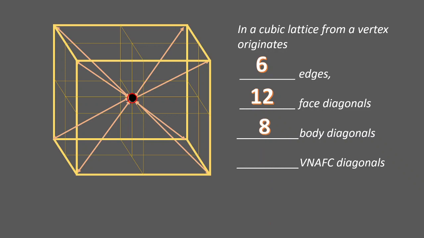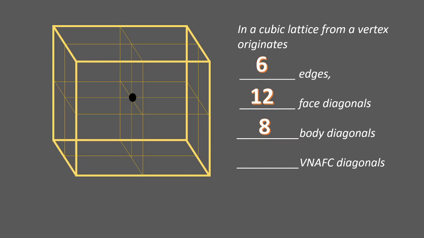Okay, now the interesting part, how many VFC diagonals? So what were these VFC diagonals? Let's think about one of the octants first. In this octant, in this cube, you have 3 non-adjacent face centers, and you can think about these directions.